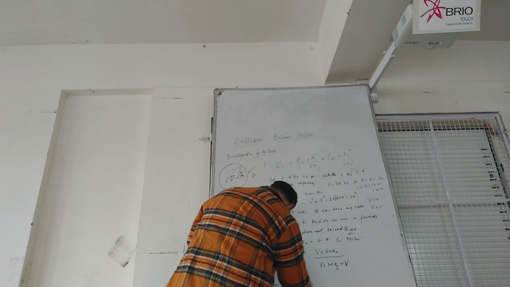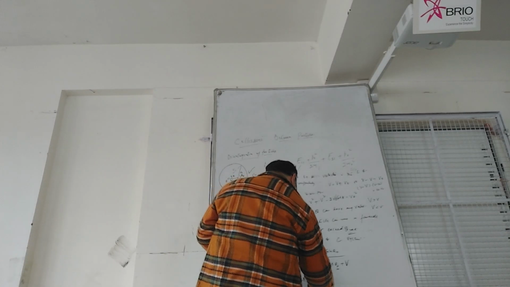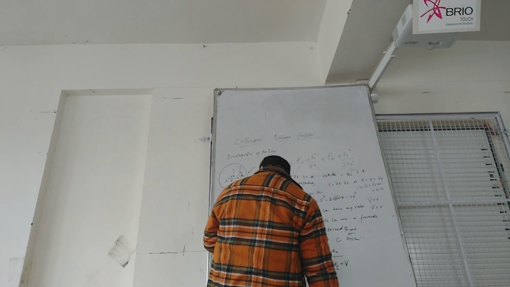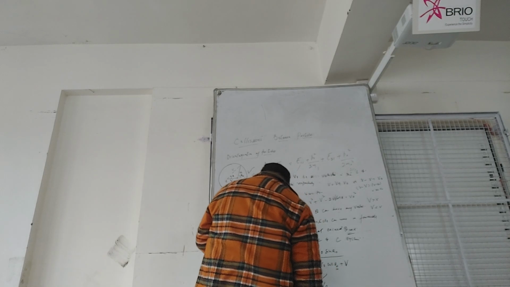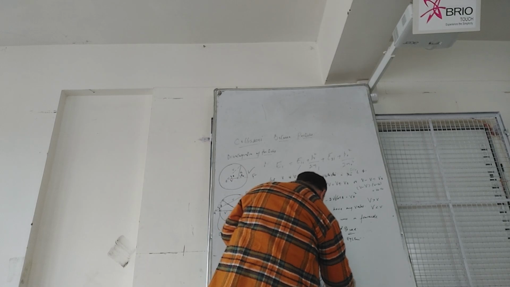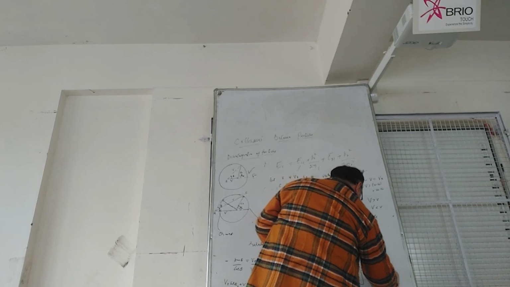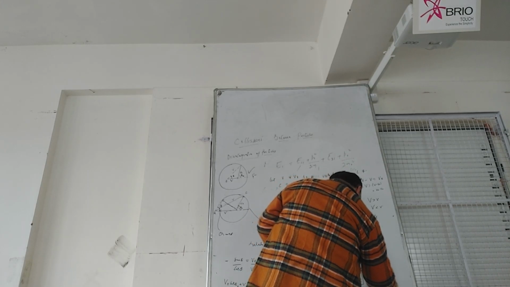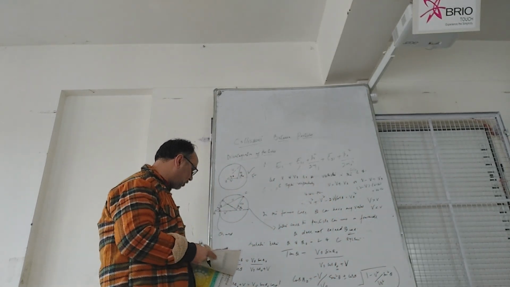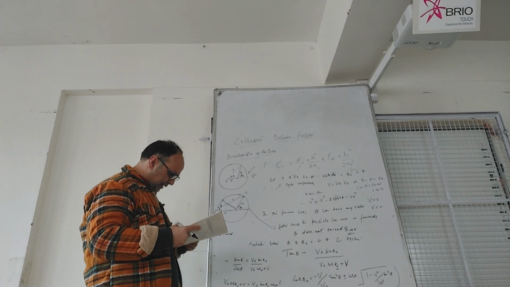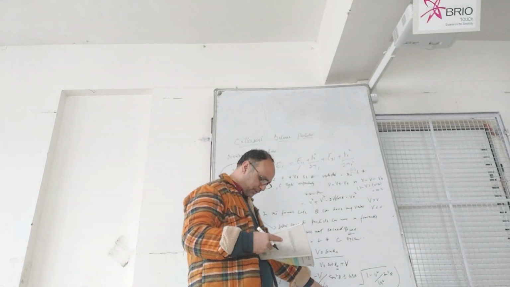So the value of cos theta naught will come out to be V naught by V sin square theta plus minus cos theta root of 1 minus V square by V naught square sin square theta. Okay, so you solve it a bit, solving for cos theta naught, it should come out to be this.